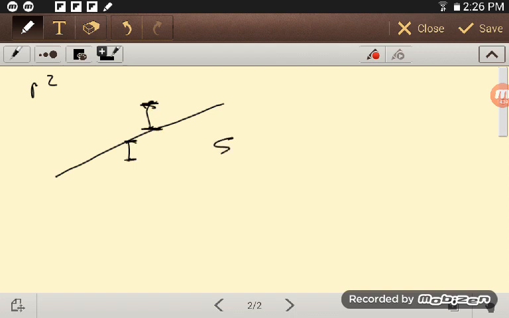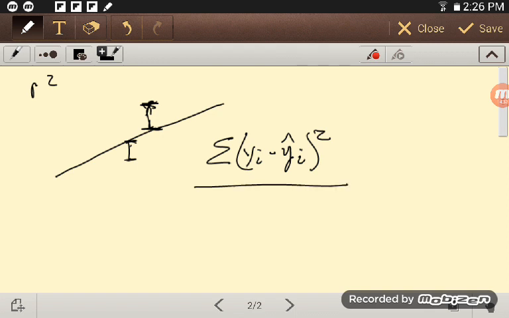All right, so we've got this sum of the yi minus the y hat i squared. We're adding all those up. Well, if we look at that difference compared to the overall variation, where we take the sum of each of our yi values minus y bar, the average of the y values, squared.